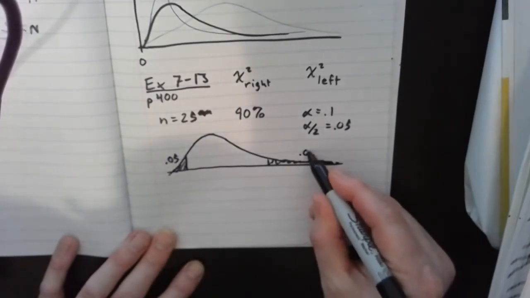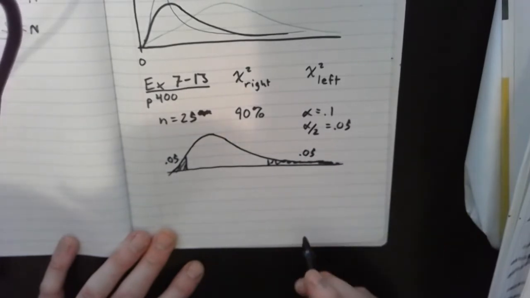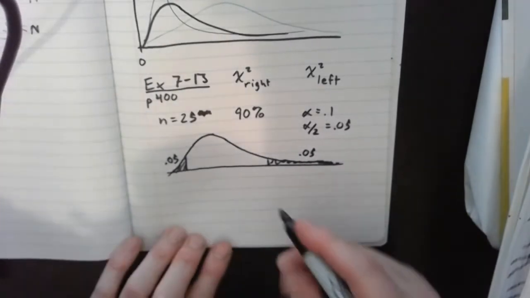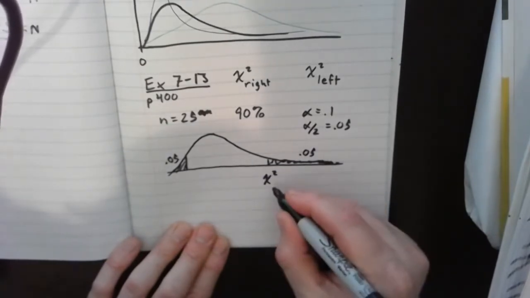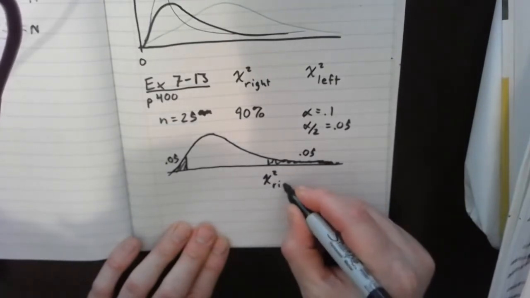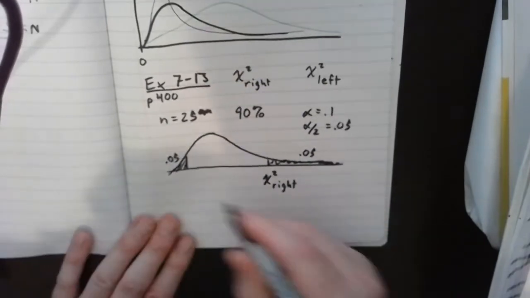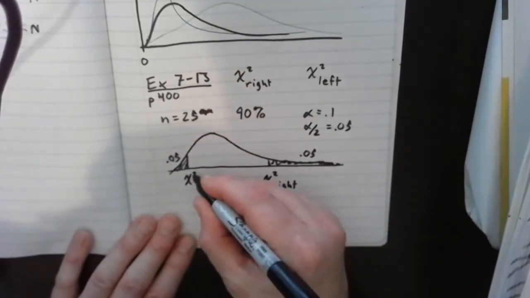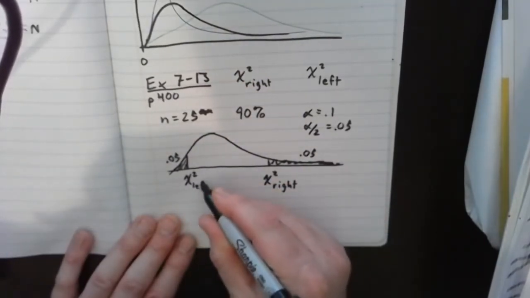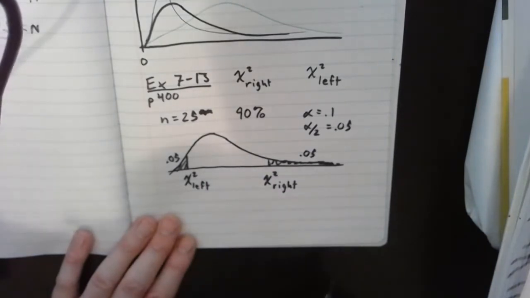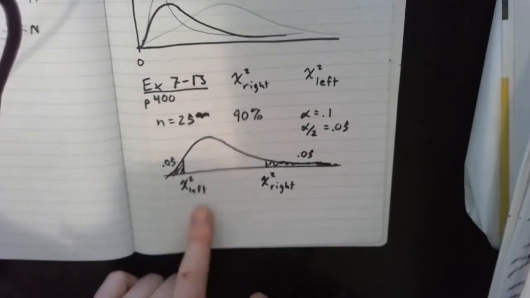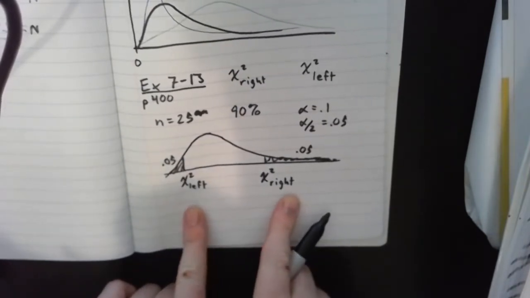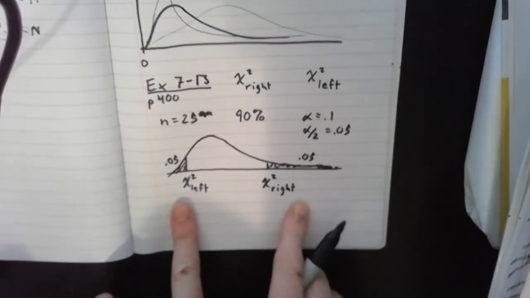The area underneath this right tail is also going to be 0.05. This one, they call chi-squared right. And this one over here is chi-squared left. I can never remember which one's which, but it should be okay for you guys to figure out. This one's on the left, this one's on the right.